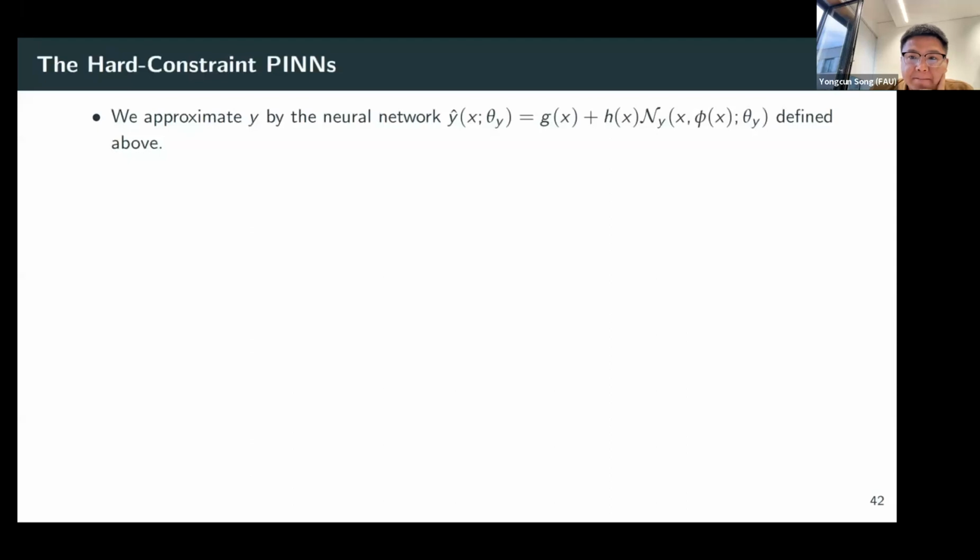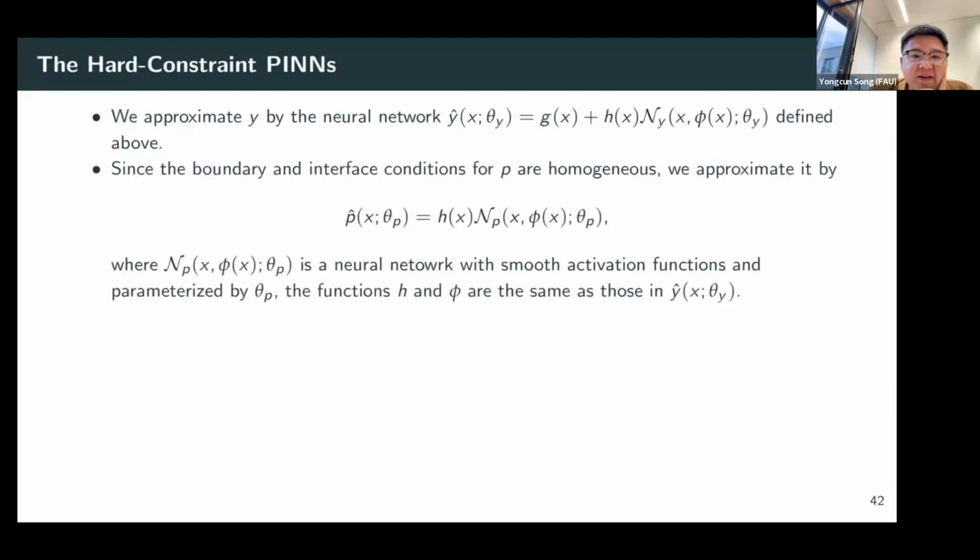And then with the above discussions, we approximate y by a neural network y hat. For the adjoint variable p, the boundary and interface conditions are homogeneous, so we can take the function g to be 0. Then we approximate it by p hat defined in this way. Here h x and phi x are the same as the ones in y hat.